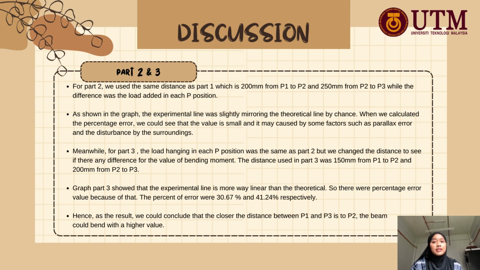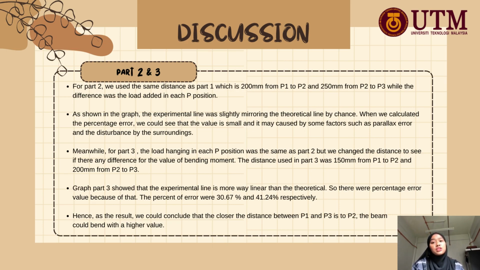Meanwhile, for part 3, the load hanging in each P position was the same as part 2, but we changed the distance to see if there was any difference for the value of the bending moment. The distance used in part 3 was 150 mm from P1 to P2 and 200 mm from P2 to P3. The graph for part 3 showed that the experimental line is more linear than the theoretical, so there were percentage error values because of that.